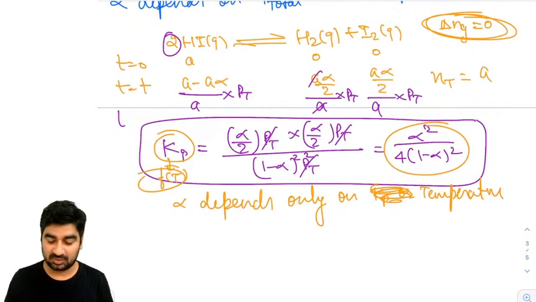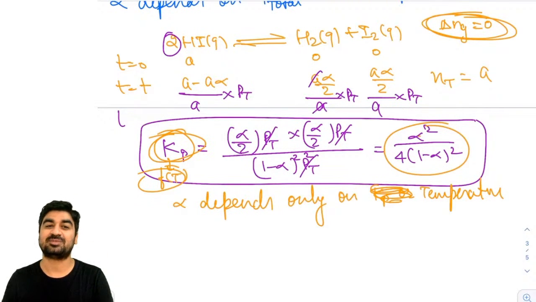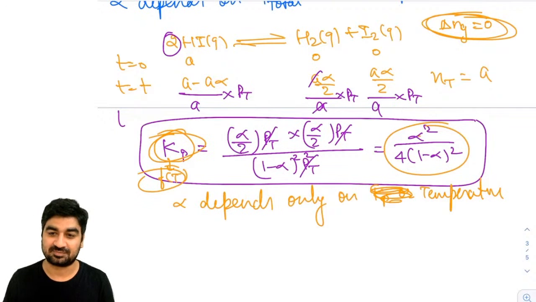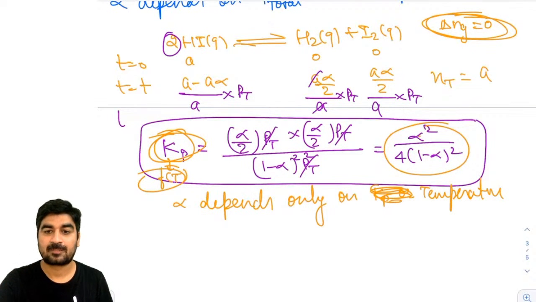And if there is no P total, alpha can be changed only by changing Kp, and Kp can be changed only by changing temperature. Got it, guys? Tell me if you have any doubt. No doubts?